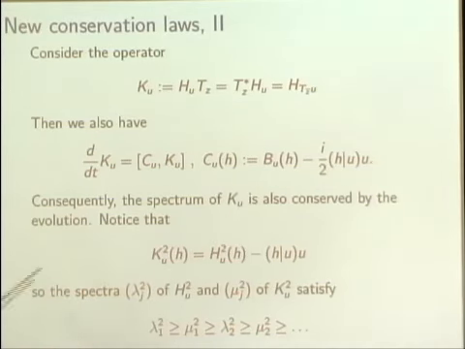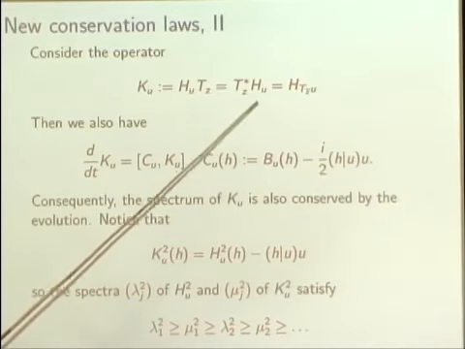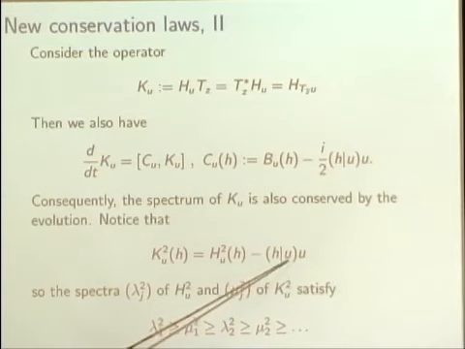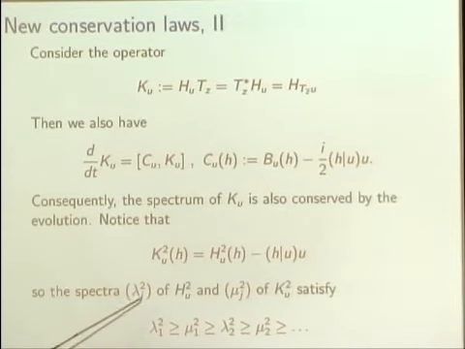And if you take the square of this Ku, once again, it's a Hankel operator, but with a different symbol, Tz bar U in place of U, and you get that it's a rank 1 perturbation of HU square. And using the min-max principle for positive compact operators, you get that the spectrum of HU square and the spectrum of Ku square satisfy that kind of property.